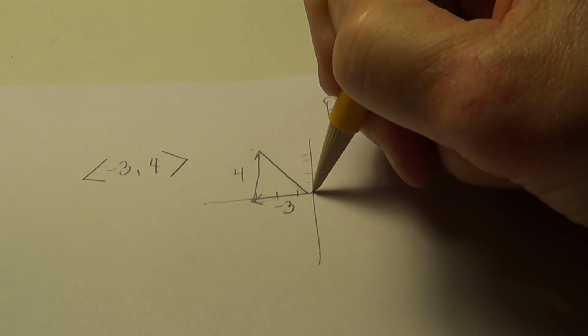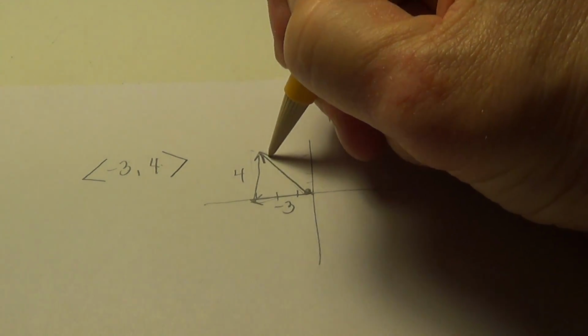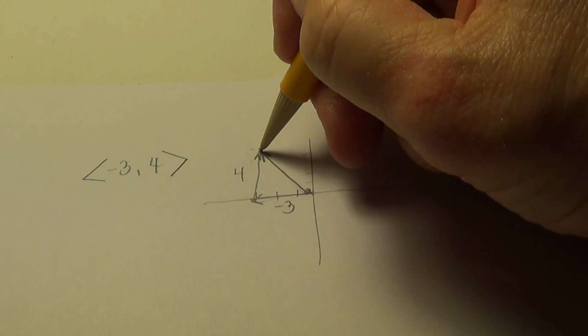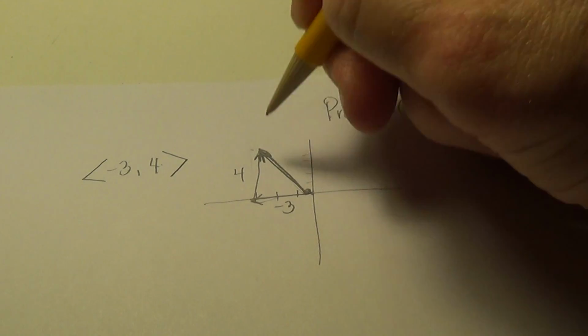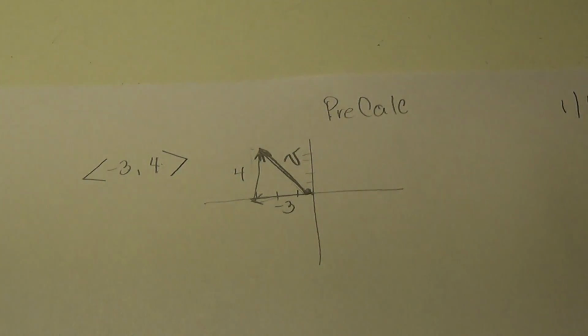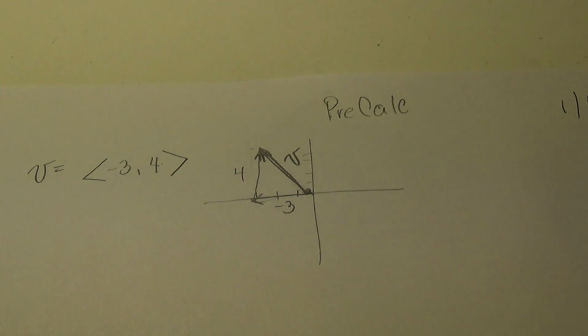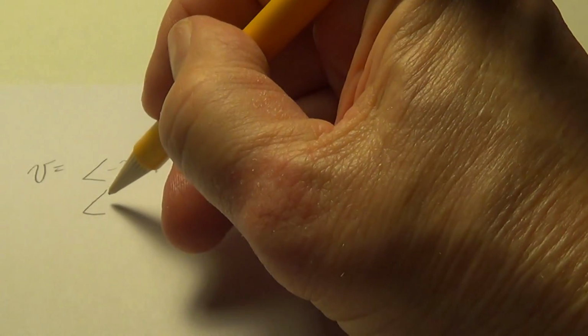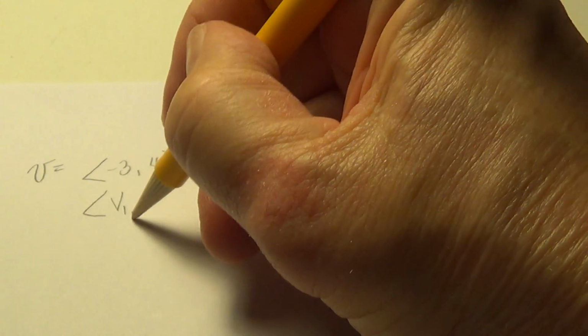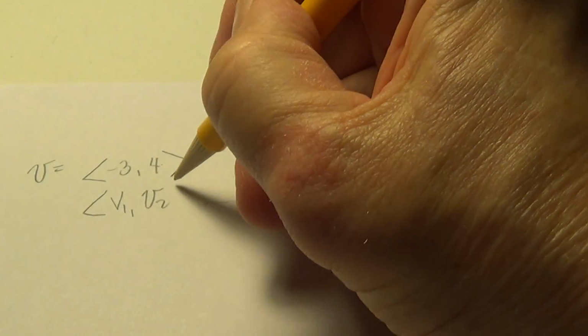So the vector, these are the components. The actual vector is from the origin to the head of the y component there. So this, we'll call it bolded V. So this vector is called V, and it looks like that. And we talked about V having an x component of V1 and a y component of V2.